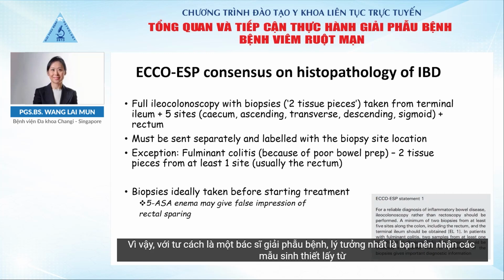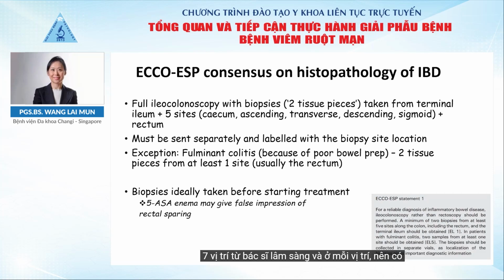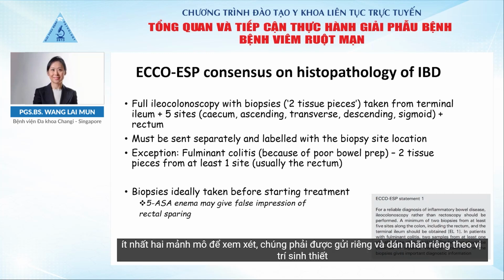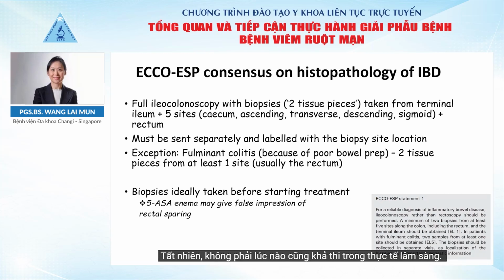So as the pathologist, you should ideally receive biopsies taken from 7 sites from the clinician, and from each site there should at least be 2 pieces of tissue for you to look at. They must be sent separately and labeled with the biopsy site location.